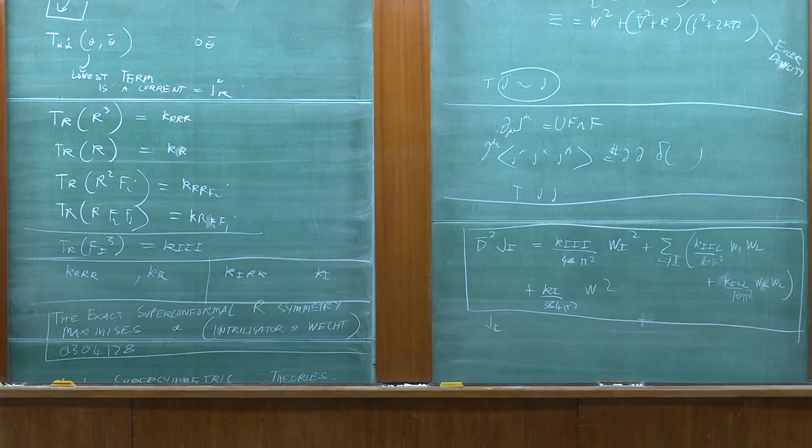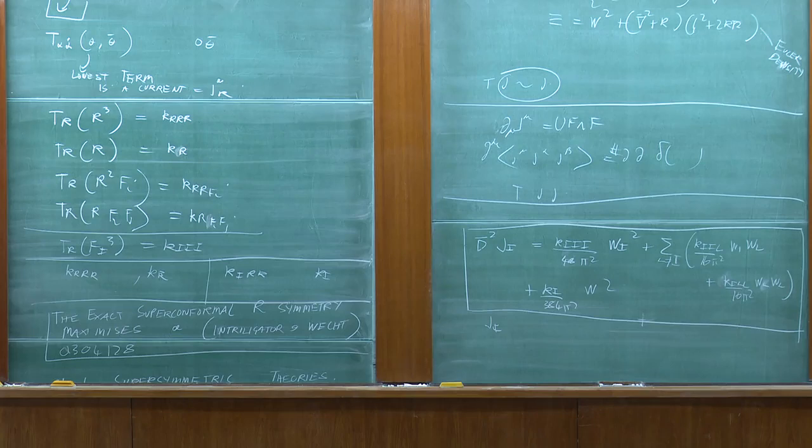This tells you that K_I and K_IRR are not independent, because you can compute them both from the same piece of data. I've chosen to write that piece of data as K_I but I could have written it with some other coefficient as K_IRR.